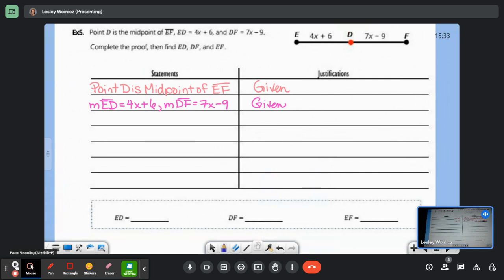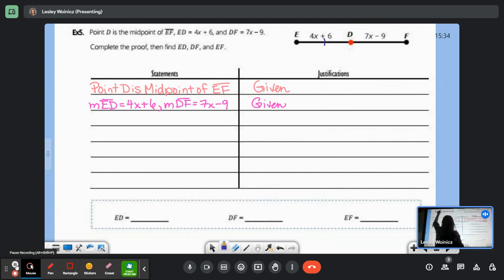So the next thing that we need to know is, what do we know about these two measures? What do they both have to equal? If it's the midpoint, what do we know about these two baby segments? Yeah, they're congruent.